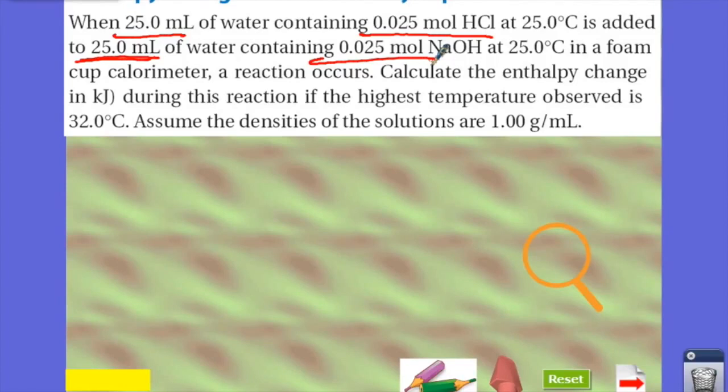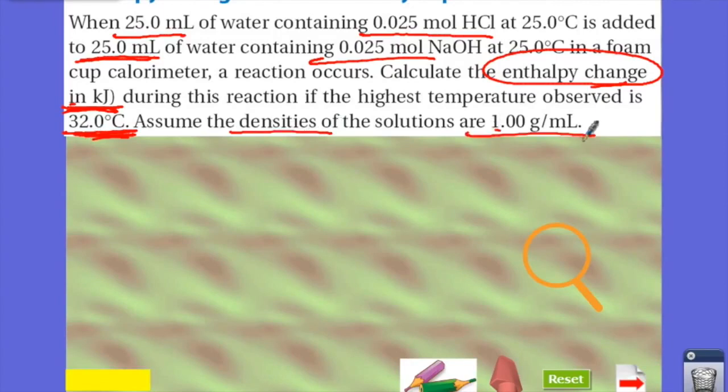They ask you to calculate the enthalpy change in kilojoule. During this reaction, if the highest temperature observed is 32 degrees Celsius, assume that the density of the solution is 1.00 grams per ml.